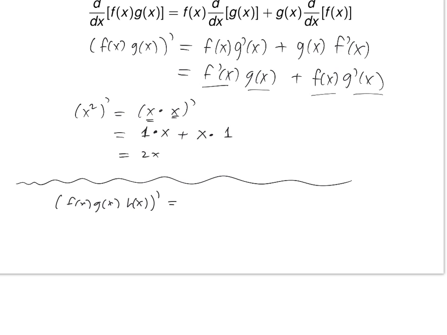The first term: you differentiate f, you leave g and h alone. Then you leave f alone, you differentiate g, you leave h alone. Then you leave f and g alone, and you differentiate h. That's how it generalizes if you had three functions multiplied together.